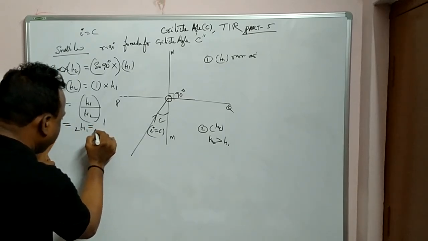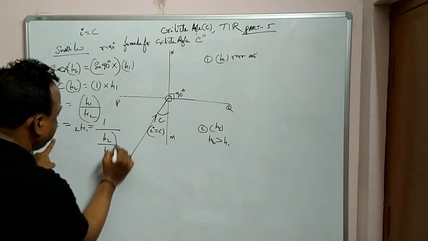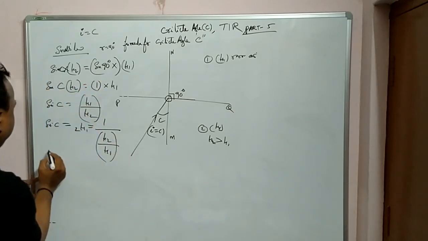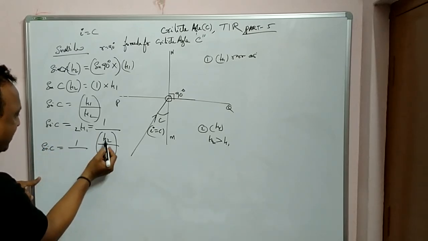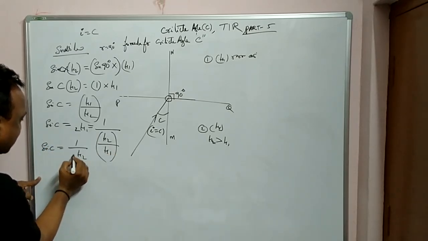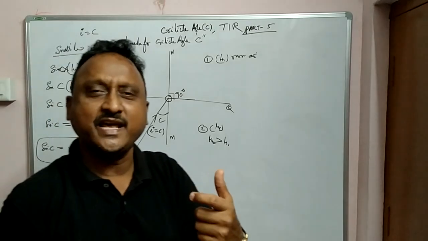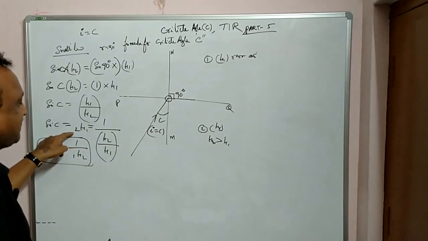Also I can write 1 by mu2 by mu1, because it goes to the top again and becomes mu1 by mu2. Meaning, sin C, the critical angle, is nothing but 1 by the refractive index of the second medium with respect to the first.